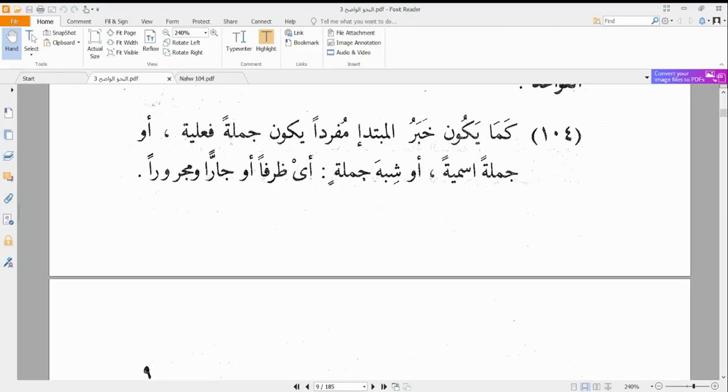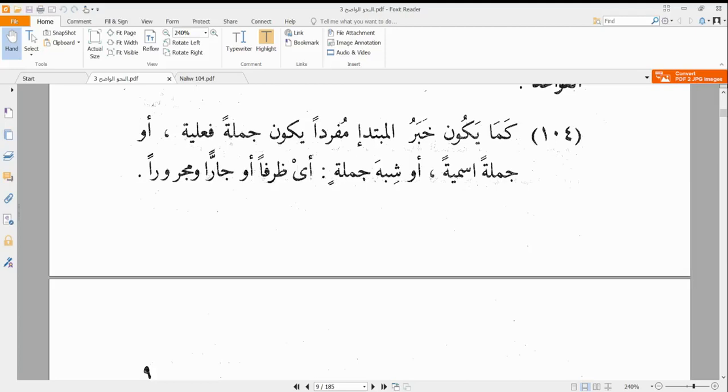That the same way our khabar can be a mufrad, a single word, it can also be a jumlatan fi'liyya, a verbal sentence, a sentence that starts with a verb, or jumlatan ismiyya, a sentence that starts with a noun, or shibha jumla, a phrase which is an incomplete sentence, that is zarfan or jarun wa majrurun.